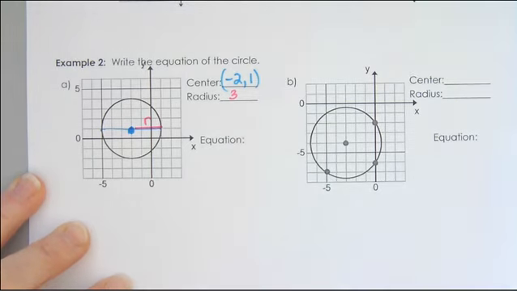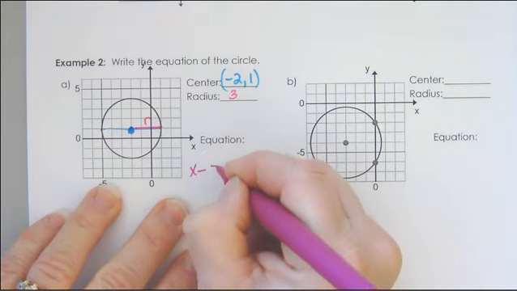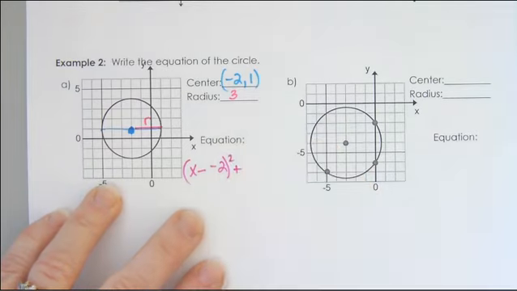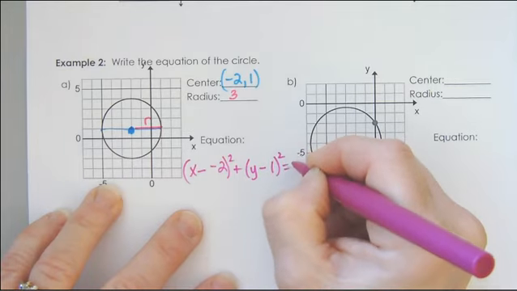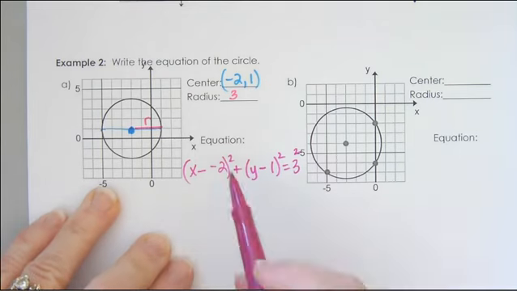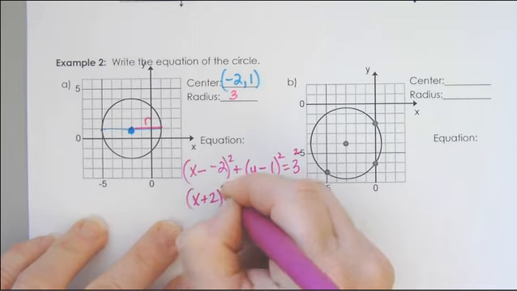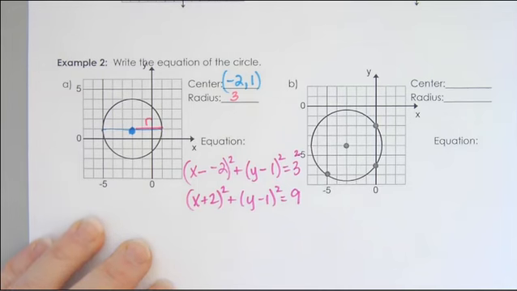To write an equation from this, we're going to write x minus our h value squared plus y minus our k value squared is equal to the radius squared. And now we just have to simplify that, because obviously that looks silly. You could have jumped right to x plus 2 squared plus y minus 1 squared is equal to 9.